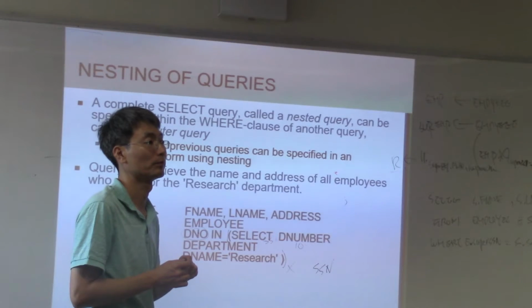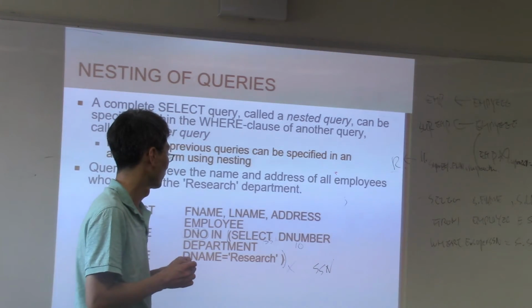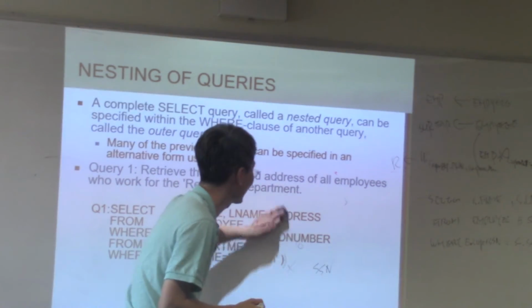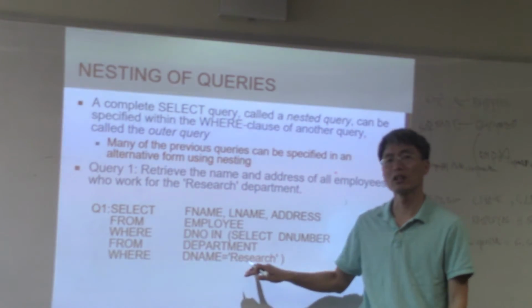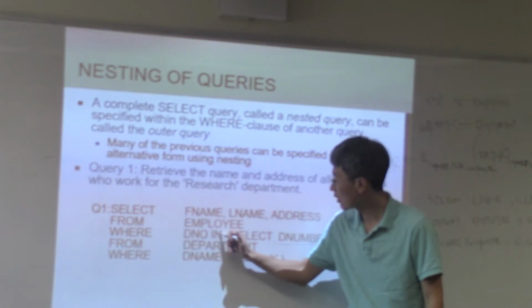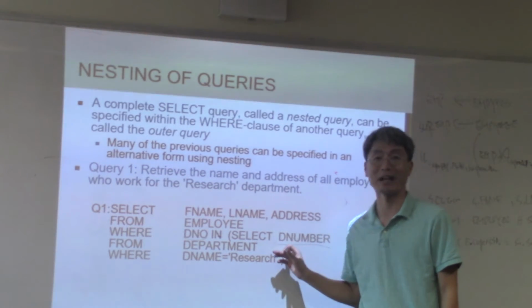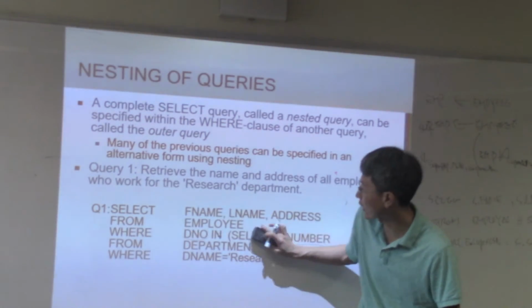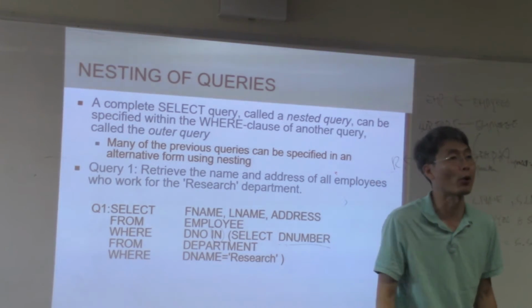Okay, this is called a nested query. Yes, I see that you're using the number IN. That's the next thing I'm going to explain. We don't know how many tuples will be returned for this, right? So it looks like this, but we are not sure how many data will be returned. To address that problem, IN is another set operation.